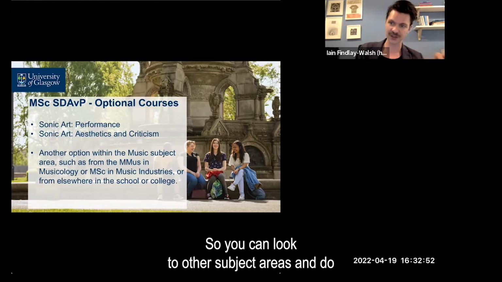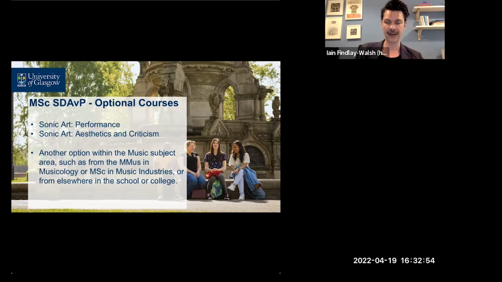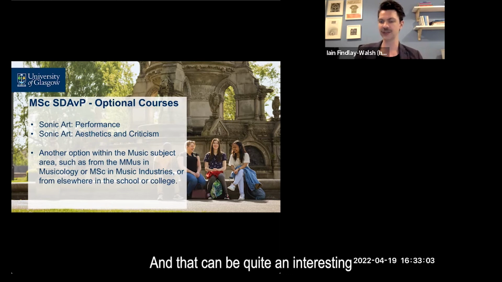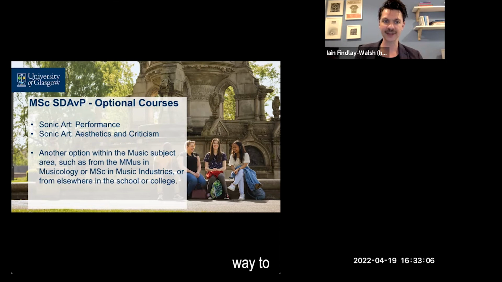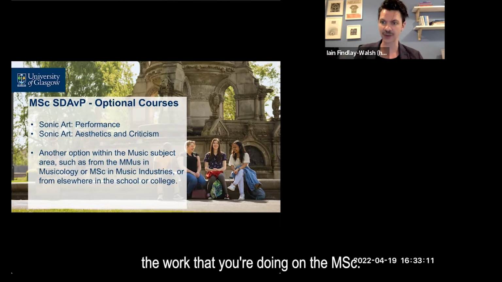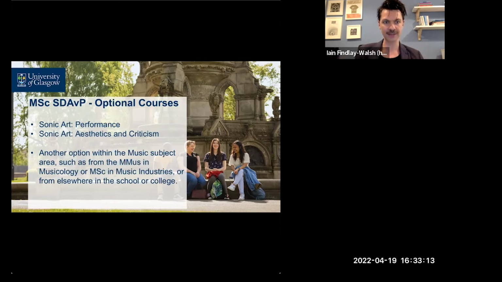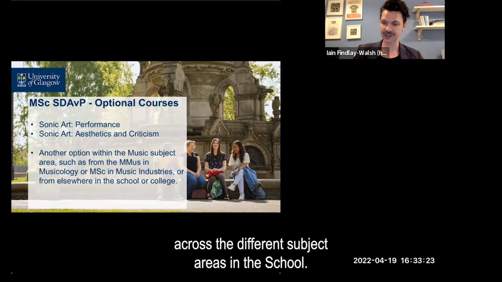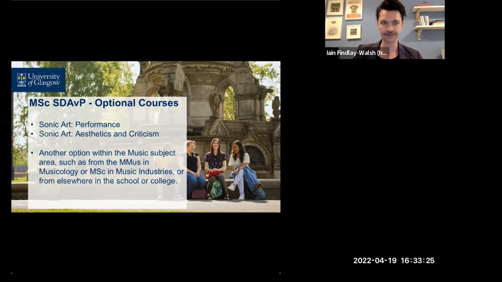So you could look to other subject areas and do a course or two from there if that's how you wanted to go about it. And that can be quite an interesting way to balance out the work that you're doing on the MSc. So optional courses: performance, or aesthetics and criticism, or other courses across the different subject areas in the school.